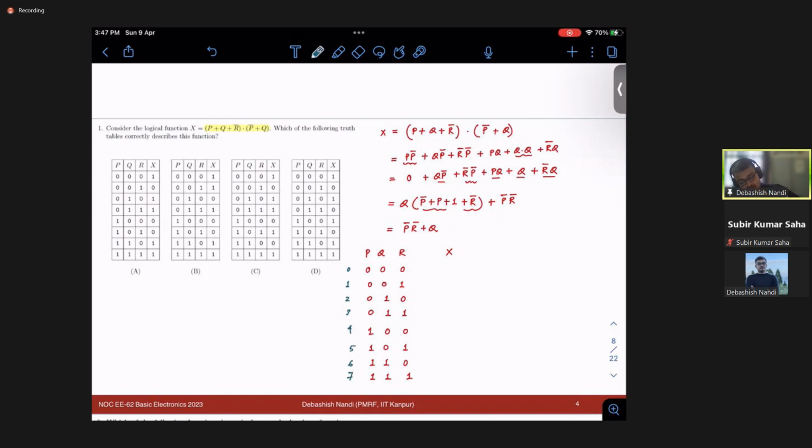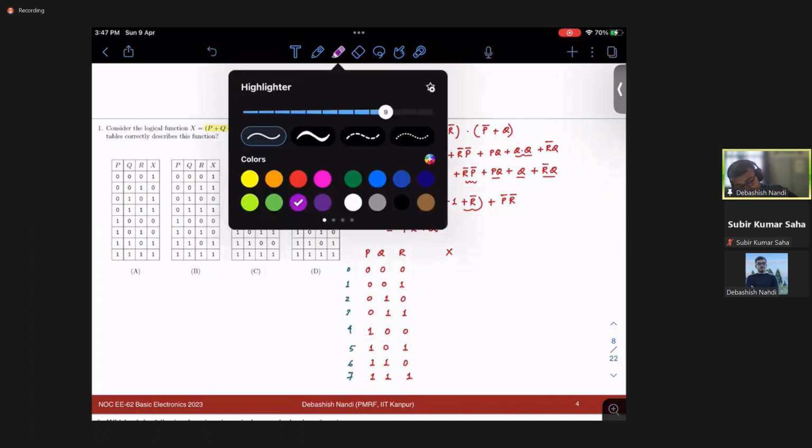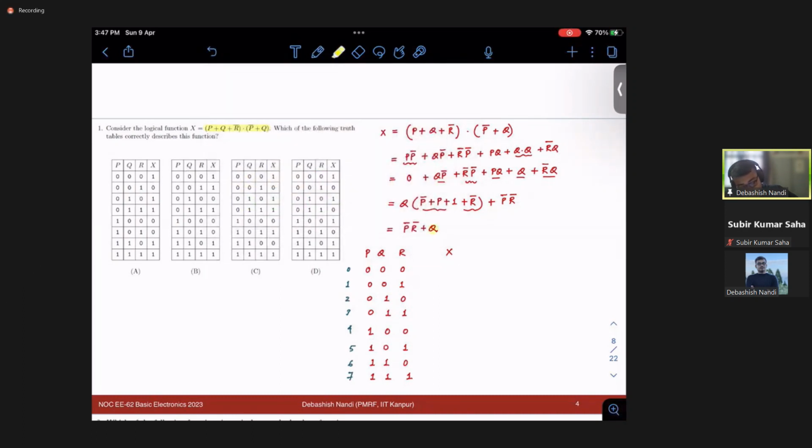values, right? So if you notice carefully, there is a loose term Q. If your Q is 1, you can blindly say that your output will be 1. So let us find out where Q is 1. These are the rows where Q is 1.